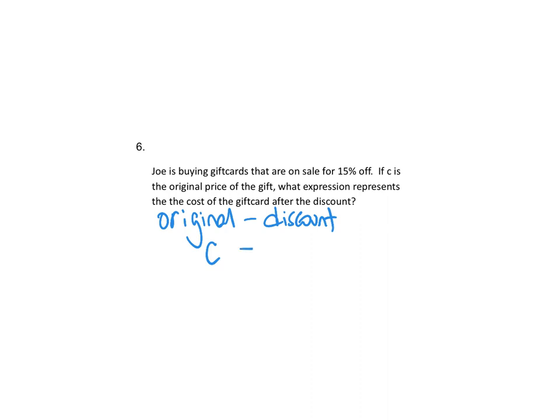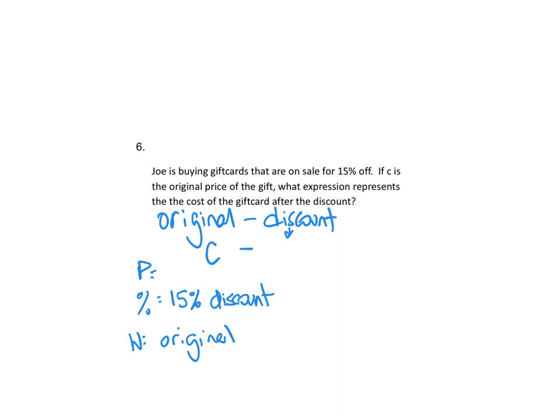Now I can't just do C minus 15% because C is money. This is how much it costs in dollars. So I need to find the discount in dollars. So when I set up my part percent whole, the only percent I have here is 15% off. That's the same thing as a 15% discount.